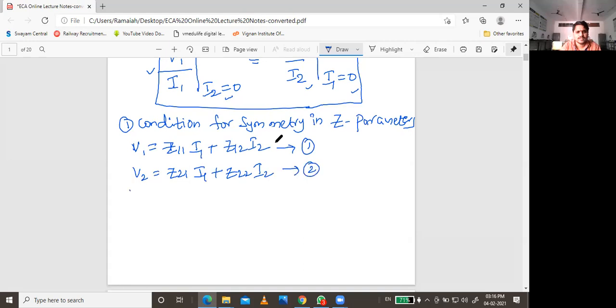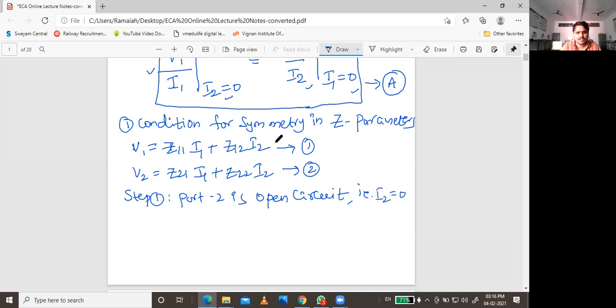Now, what is the first step? Step 1 is port 2 is open circuit. So we are going to find this V1 by I1. Let us say this is case A. That means the current I2 is 0.